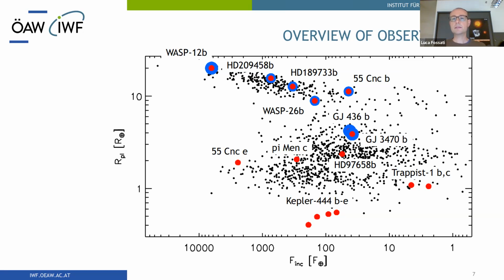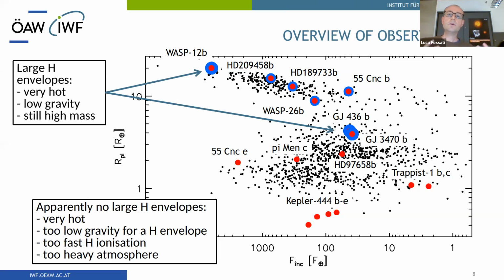So how can we understand the picture that the observations actually show us? These are mostly UV observations and UV transit observations. There are planets that have very large envelopes, and these envelopes are so large because these planets are either very hot, like in the case of WASP-12b, or they have a low gravity but still a large enough mass to be able to keep their atmosphere.